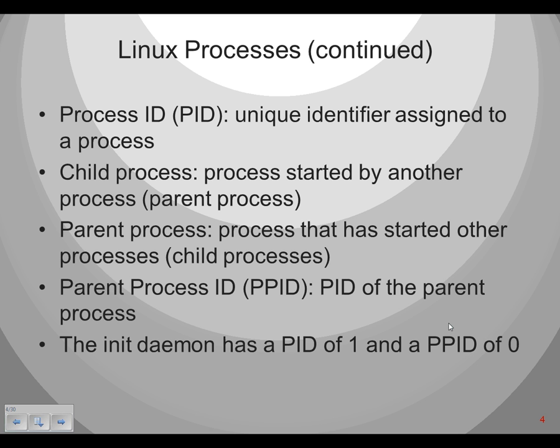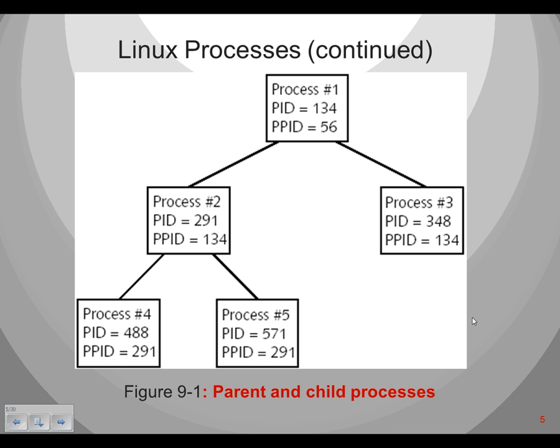This is the way we're looking at it: something that runs and depends on something else that runs concurrently. This diagram is a figure on page 392 of your textbook. It shows parent and child processes.